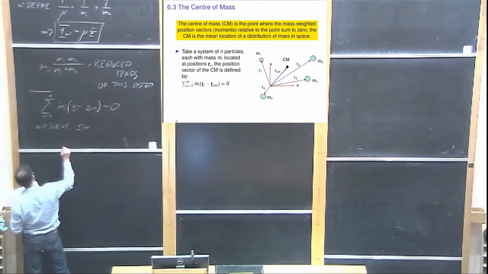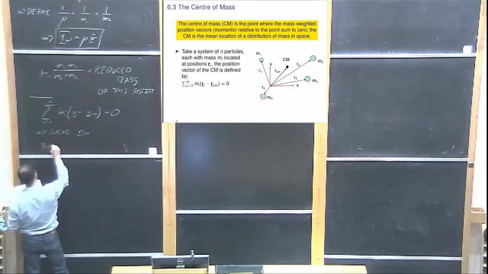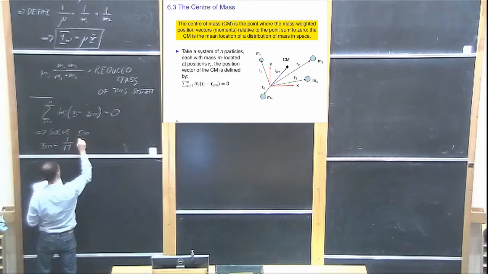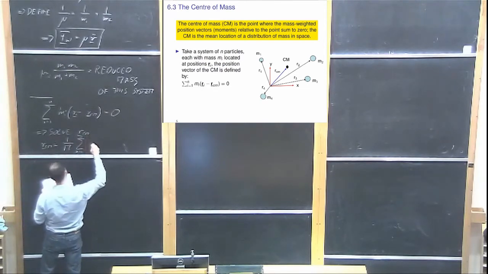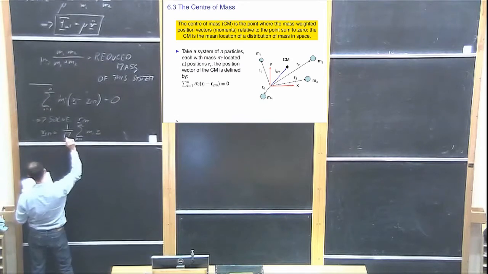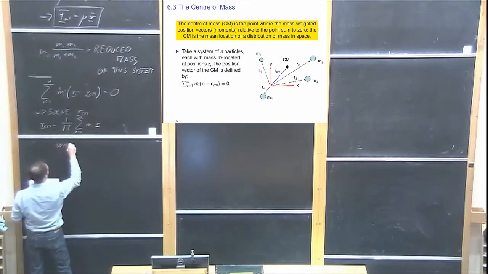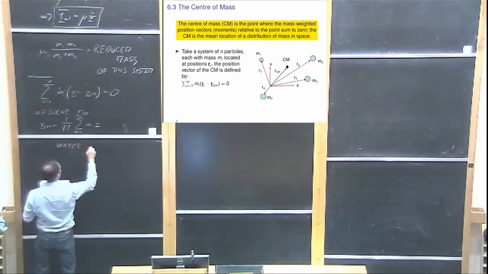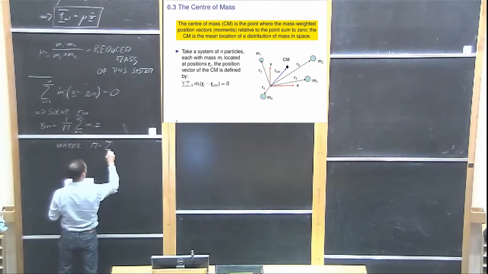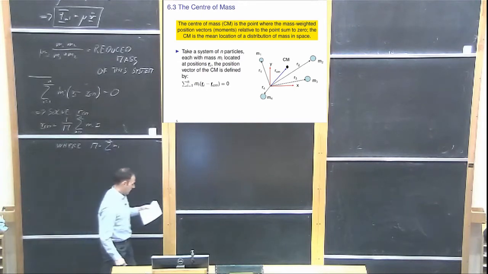we get R_cm equals 1 over M times the sum from i equals 1 to n of m_i R_i, where the total mass M is of course the sum over all those little masses m_i.